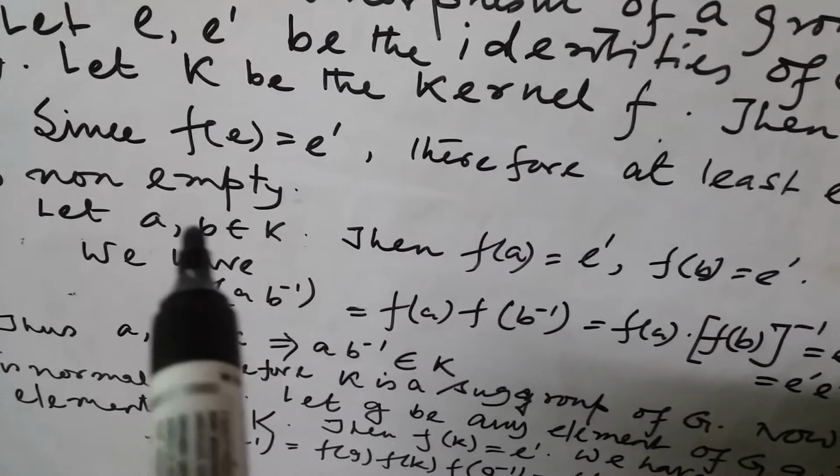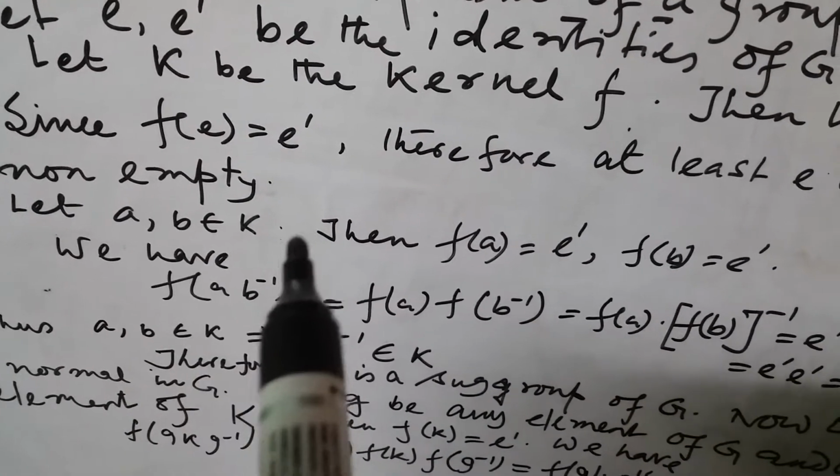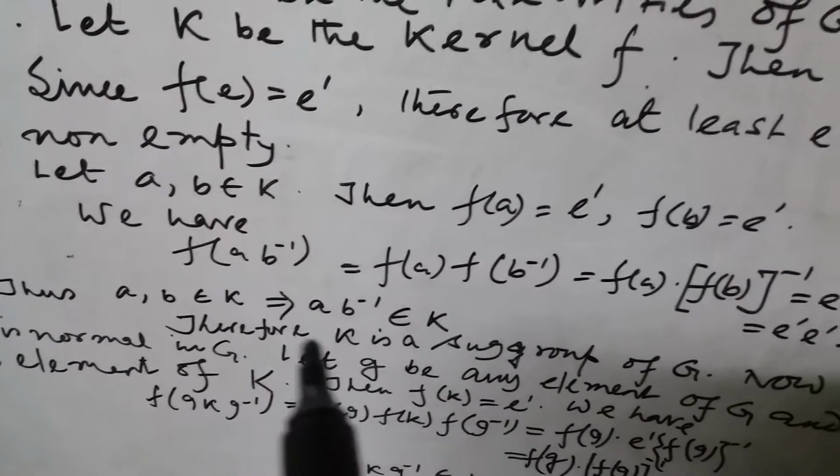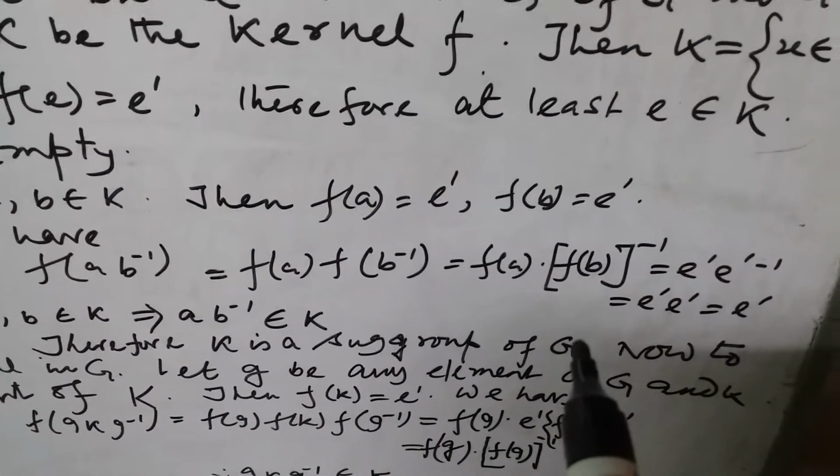Thus if a belongs to K, b belongs to K, then ab inverse belongs to K. Therefore K is a subgroup.